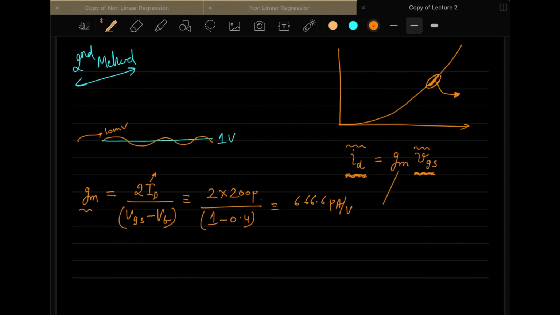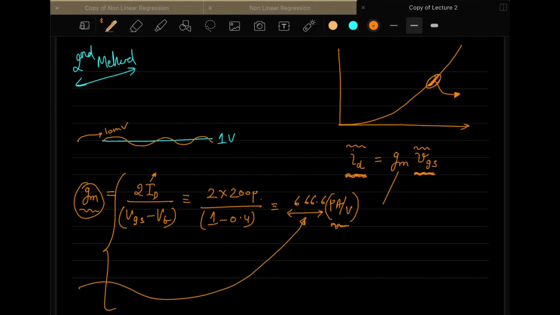This is the gm that you can calculate. These are the units for gm. If you use any other formula, any of the three formulas that I had given you, you will get this same answer, which is 666.6 microamperes per volt.